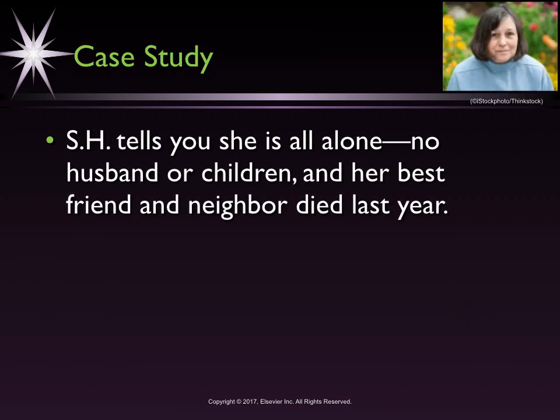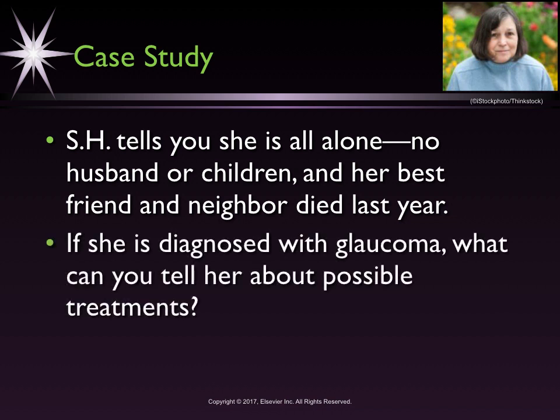So, SH tells you she is all alone, no husband or children, and her best friend and neighbor died last year. If she's diagnosed with glaucoma, what can you tell her about possible treatments? If she's unsure about having surgery because of lack of support, she can pursue non-surgical options, and it may slow the progression of the disease.